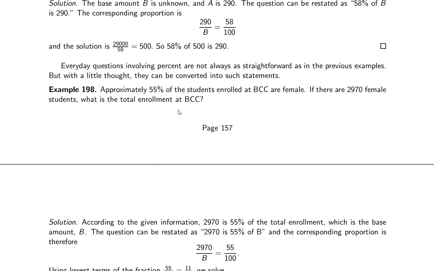And again, checking that it makes sense: if it was 50%, 50% of 5,400 would be 2,700. So we're close to that, just a bit more.